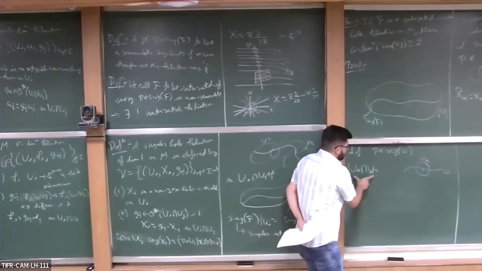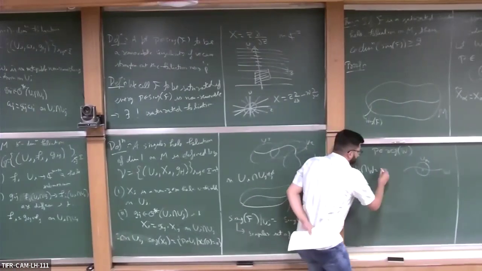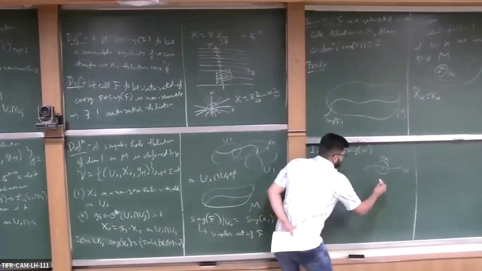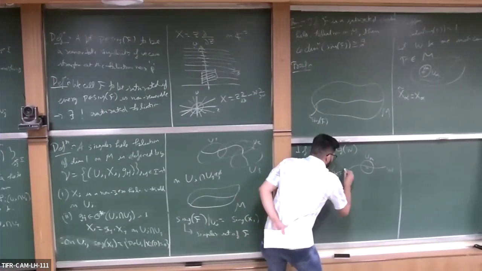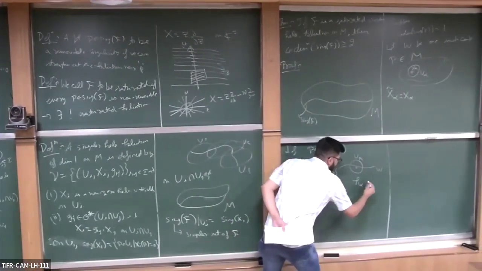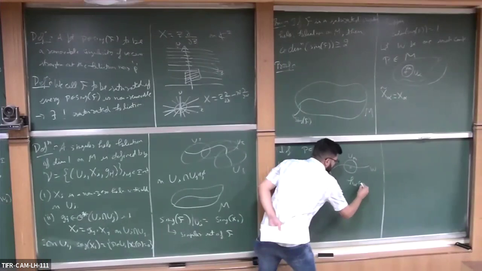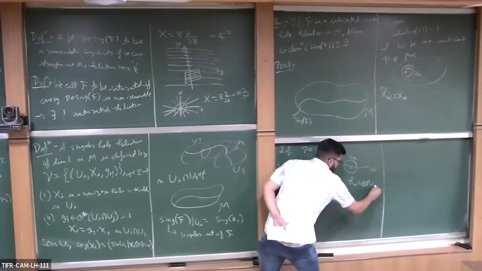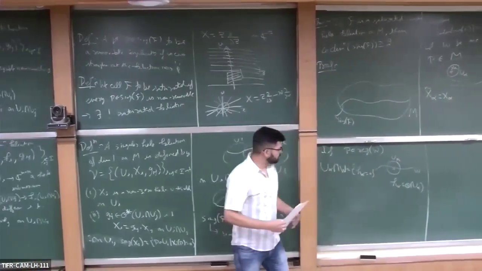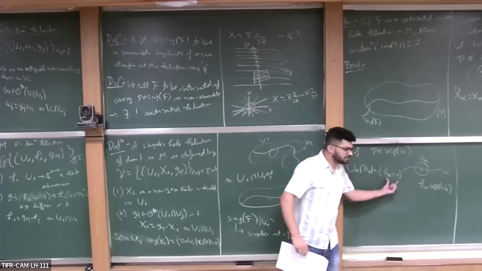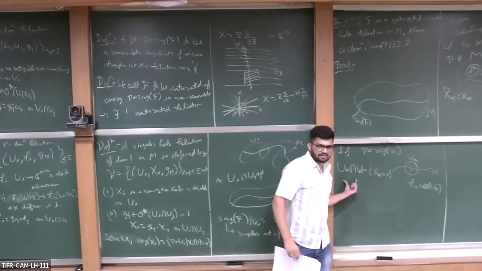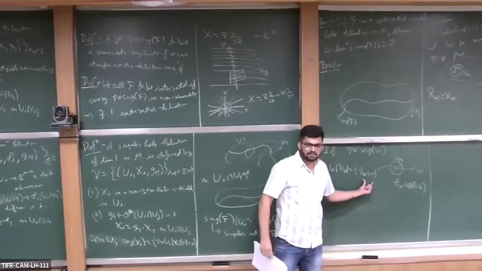Since it is an analytic set, locally there exists an irreducible analytic set H alpha. So locally, this intersection of the analytic set with this open set is given by some irreducible holomorphic function.